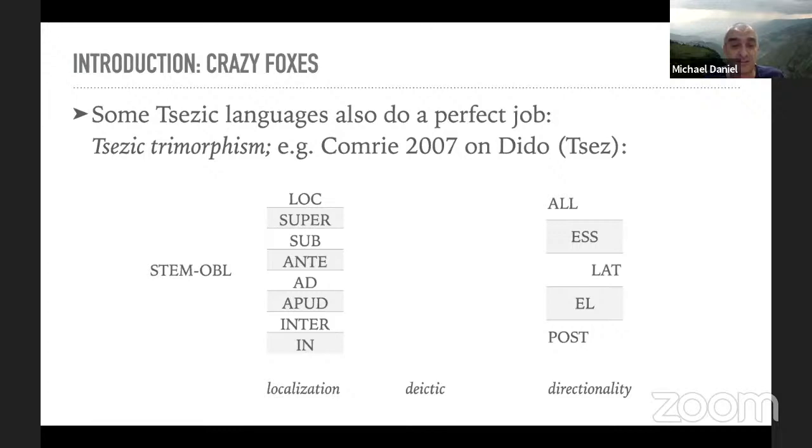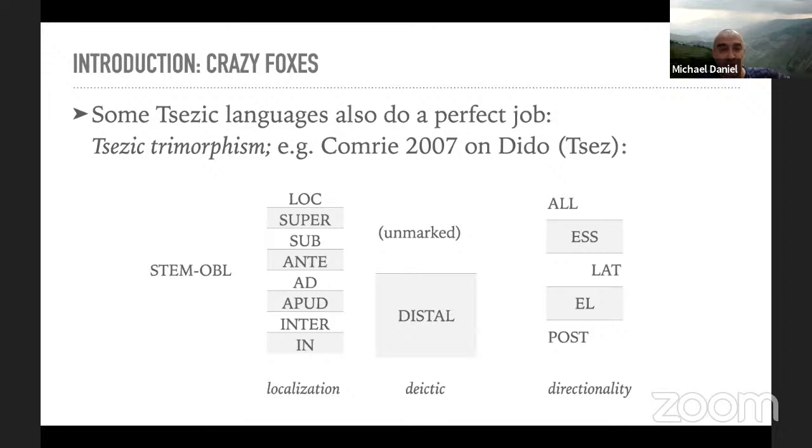And then comes a slot which is called deictic. And only after this deictic slot comes the directionality category. This deictic slot may be either left unfilled, then it's an unmarked form, which is interpreted as non-distal, or a distal form, which locates the full spatial configuration, the landmark actually, at some distance from the speaker.